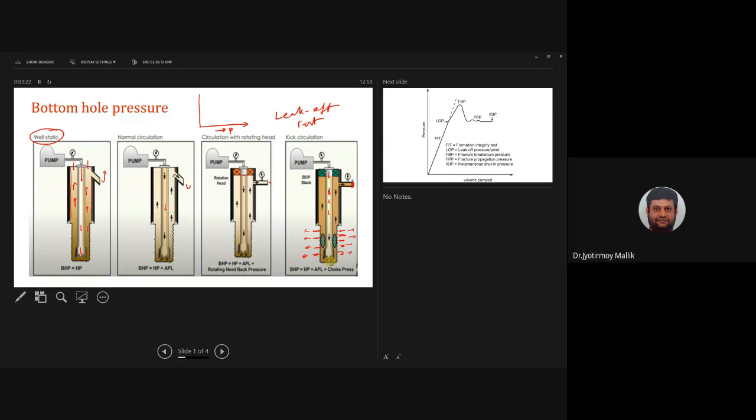So this is all about the test. When this particular rock will break and the fractures will be created depends on the elastic modulus of the rock.